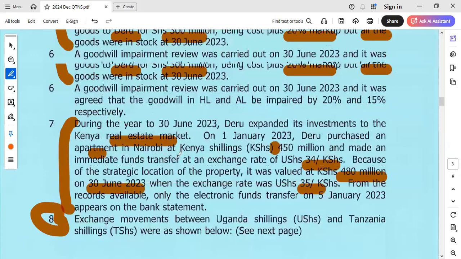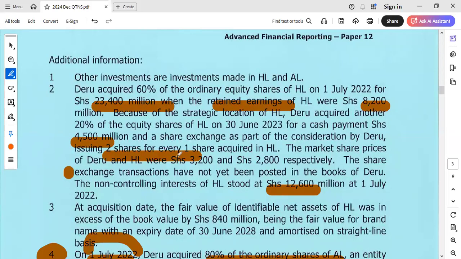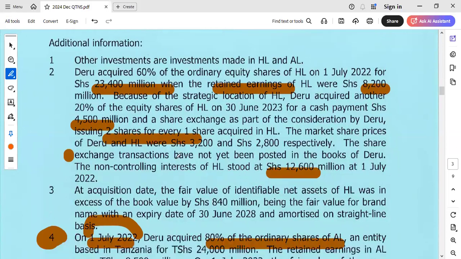You can only use partial goodwill if the examiner has specified. But if you're given the value of NCI at acquisition, and the examiner has not talked about the method to use, you use the full goodwill method, not the partial.